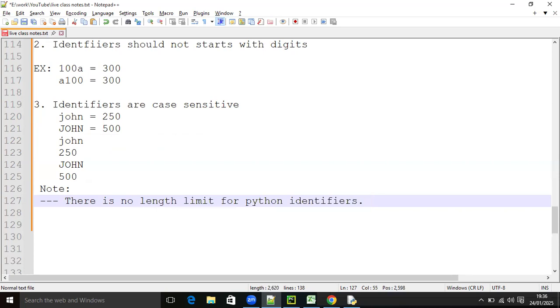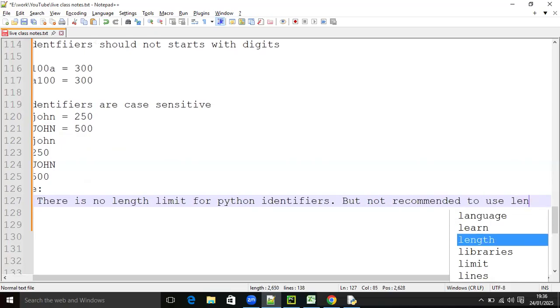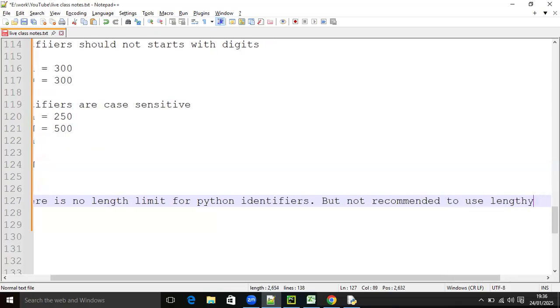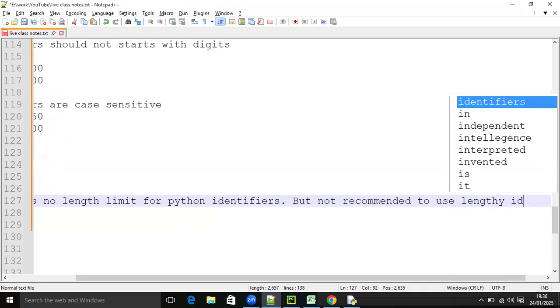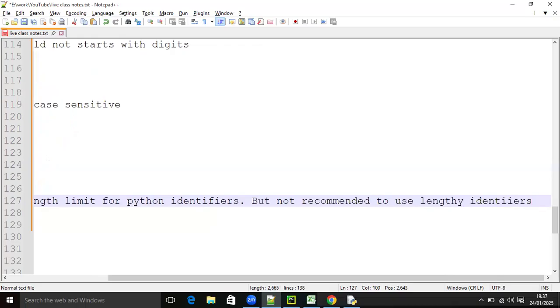But it is not recommended to use lengthy identifiers.